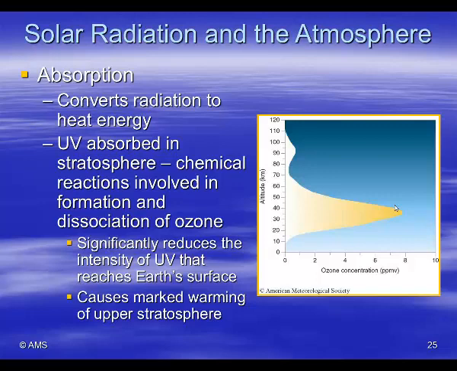So for instance, ultraviolet is absorbed in the stratosphere, and there are chemical reactions involved in the formation and dissociation of ozone. This significantly reduces the intensity of UV that reaches the Earth's surface. It also is why the stratosphere warms a little bit.